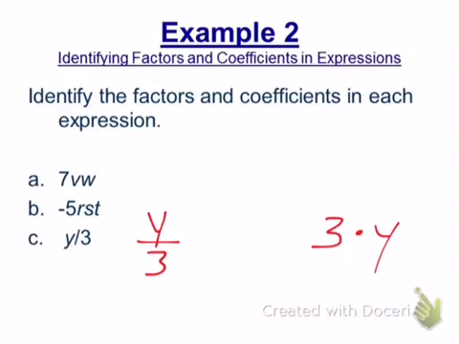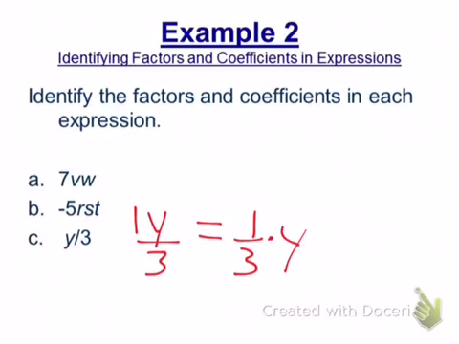It's y and 1. Let me help you out. Right, that's 1/3. Right, you see the 1? Y divided by 3 is equal to 1/3 times y. So what are the two factors of this expression?